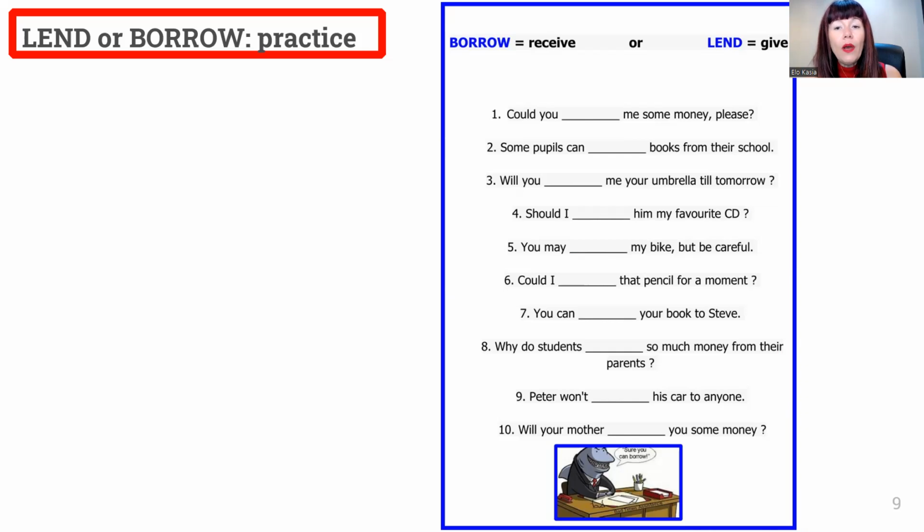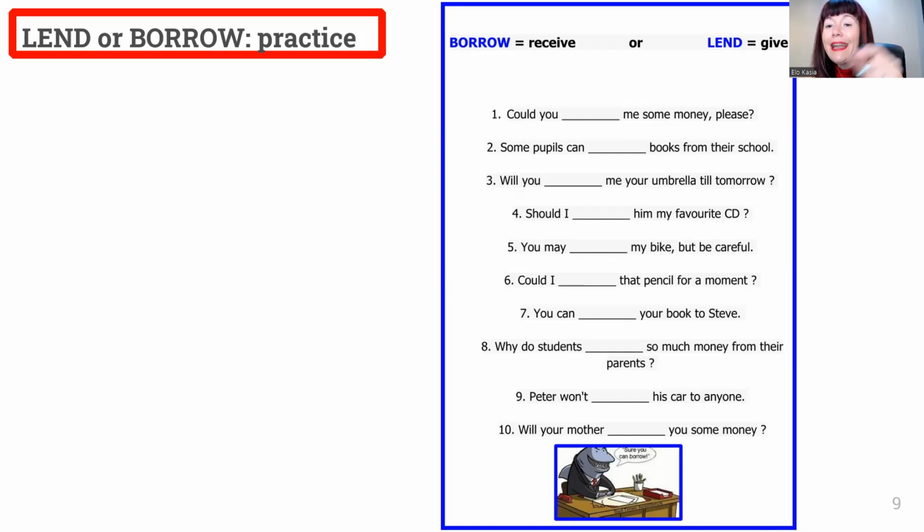Okay, then we have, will you what me your umbrella till tomorrow? Will you borrow or will you lend? Great. Will you lend me? Well done. Will you lend me your umbrella till tomorrow? Okay. Should I what him my favorite CD? Great.